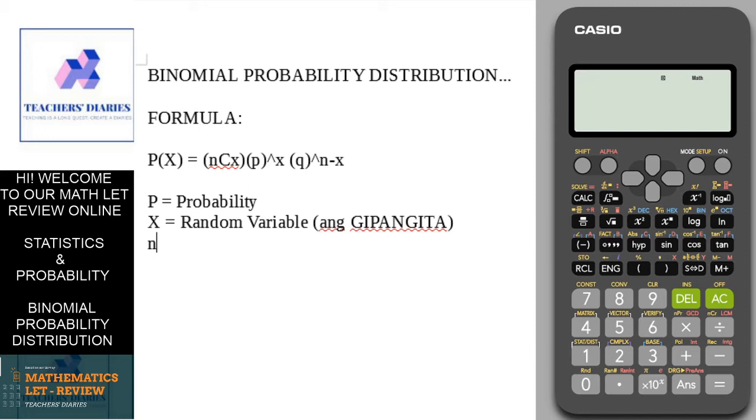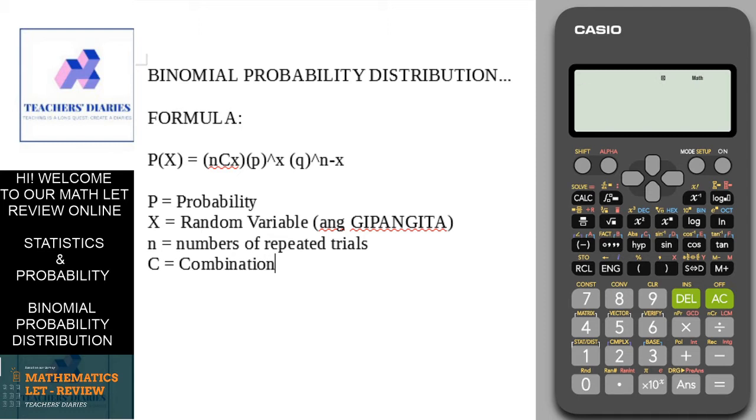Now next is n, small letter n. That would be the numbers of repeated trials. Then next C, that is the combination. Okay.